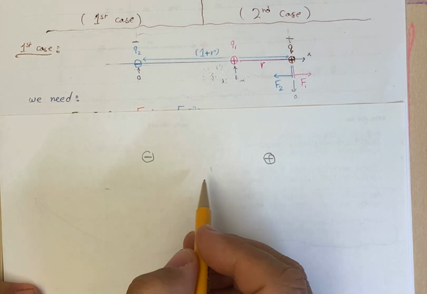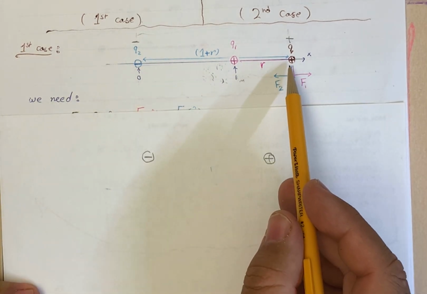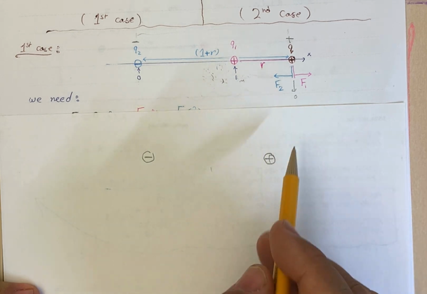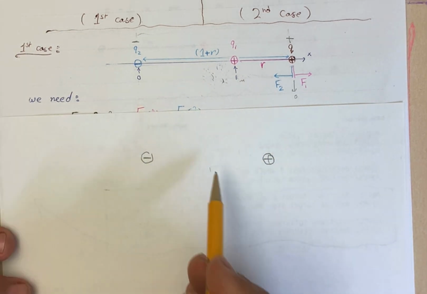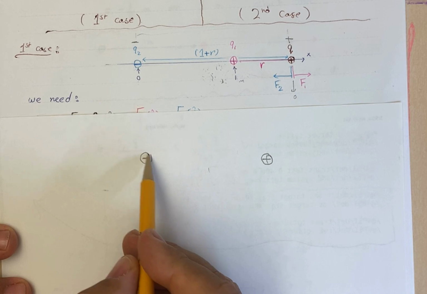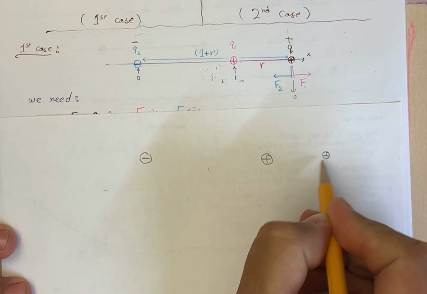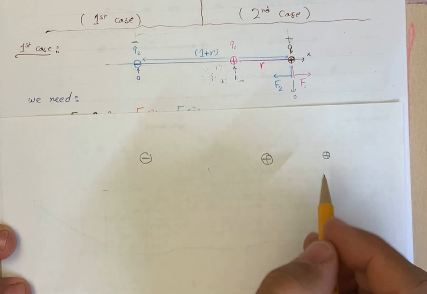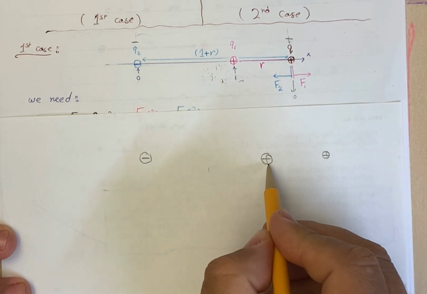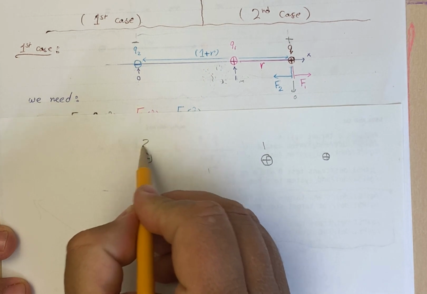We need to put the test charge, which is a positive 1, in a position in between or on the sides of our system. So if we put it on the right, outside of both charges, let us see what forces we have. This is the first charge, this is the second.